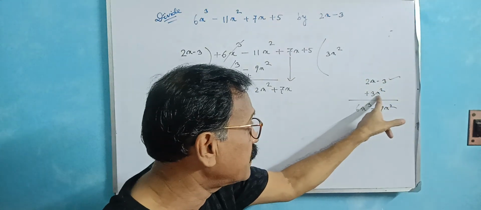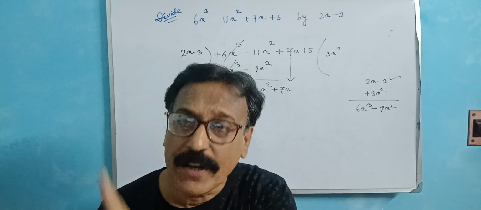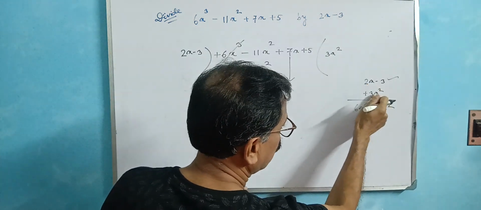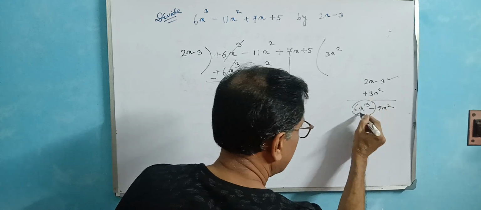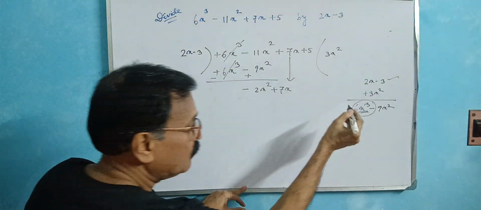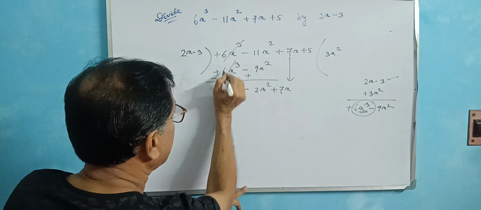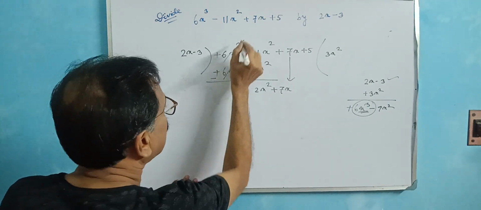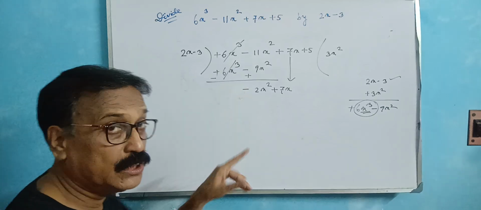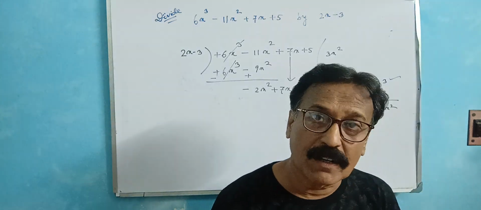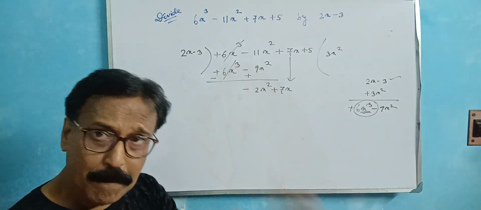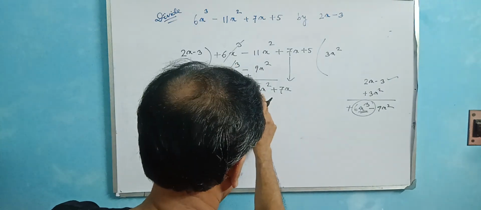Why not 2x square, why not 4x square? Because if you multiply 2x into 3x square, you get 6x cube, and this plus 6x cube is the same as this. For that reason, if you subtract this, you cut it, so this part is ultimately 0. This is your target: making the first part 0.